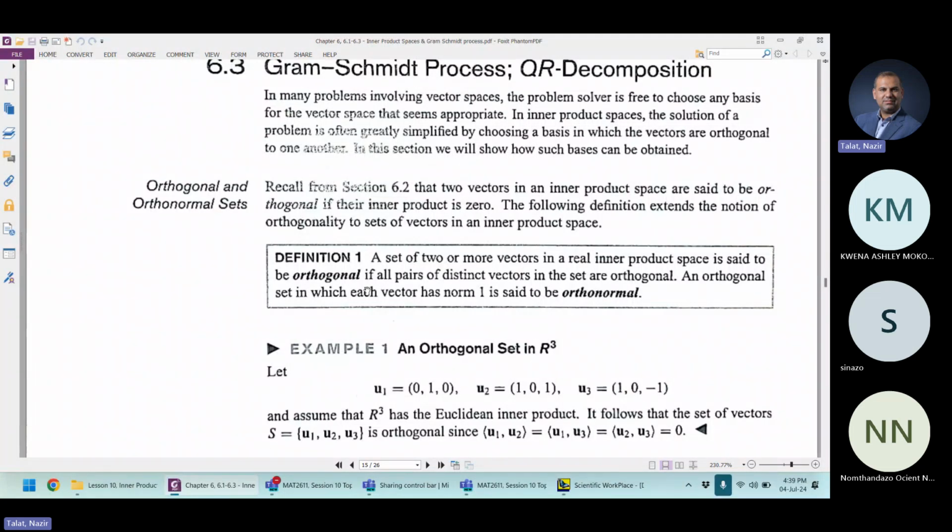And moreover, remember that if their inner product is equal to 0 and the norm of each vector is equal to 1, then these are called orthonormal vectors.